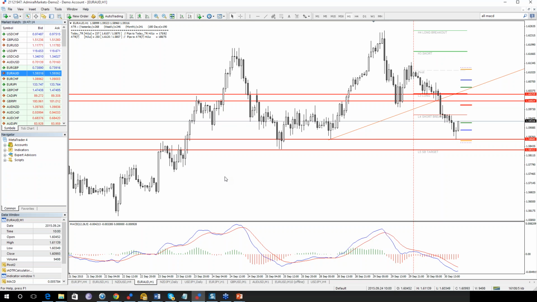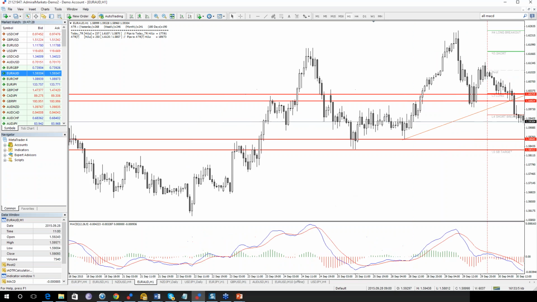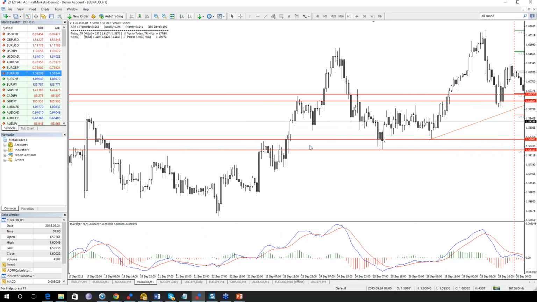I really needed to do it by myself, and it was a lot harder than it is for you now. So this is how you determine your support and resistance zones. Easily, guys, it's not hard. This is the first step in price action trading.